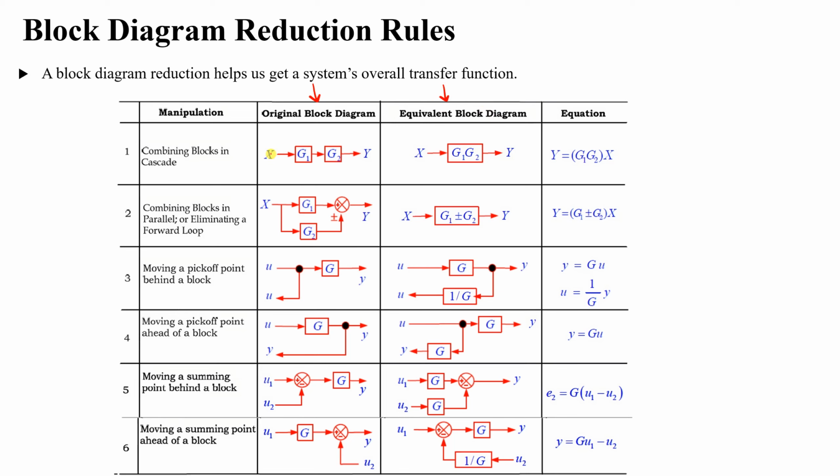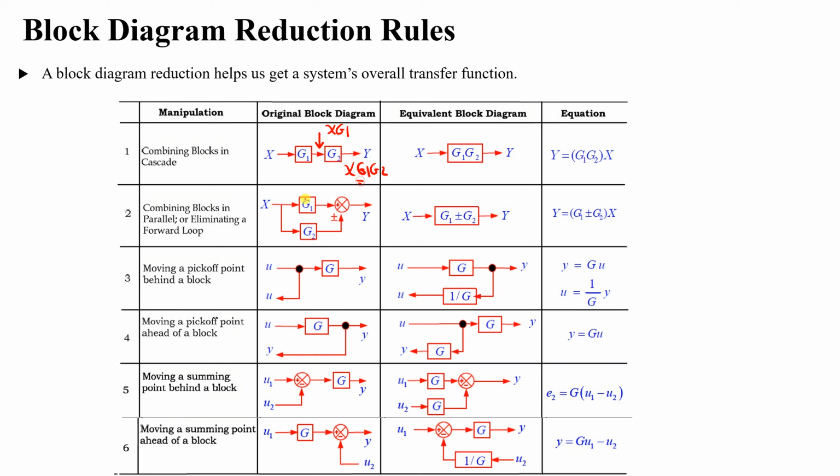What you can see is that if we have an input X and output Y, between them we have a block G1 and then G2. By logic, X enters G1, so the output of this block will be X multiplied by G1. Now XG1 is entering G2, so the output of this block will be X G1 G2.